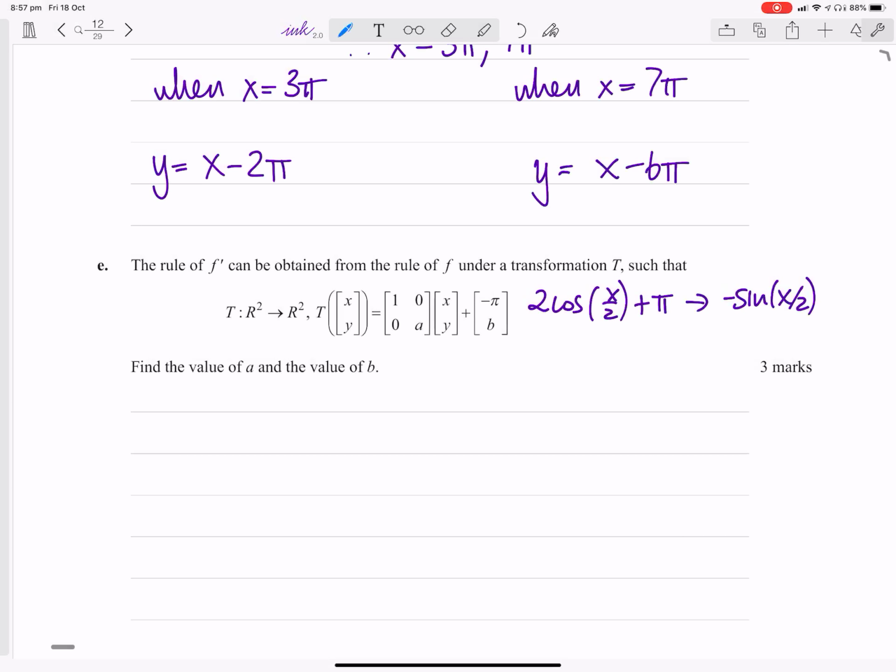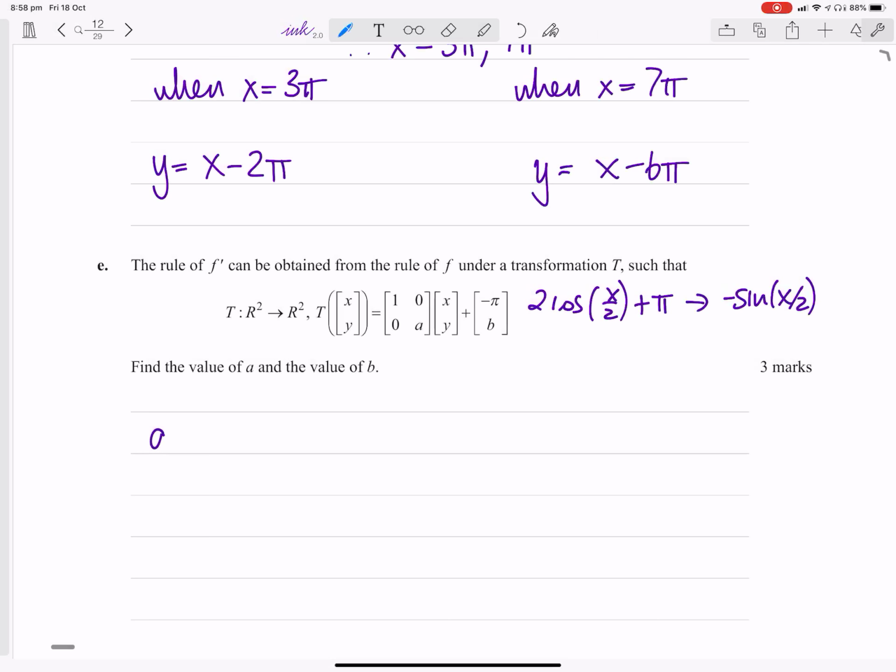Okay, so it's not dilated from the y-axis. It is dilated from the x-axis first. So if we dilate it from the x-axis, we've got to dilate it by a half, which means that this and this would both be dilated by a half.